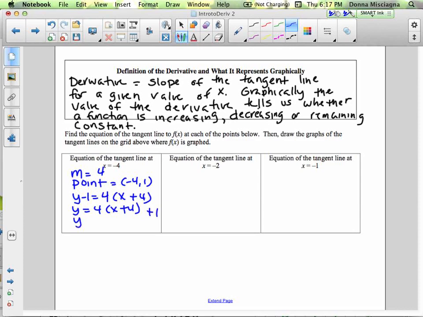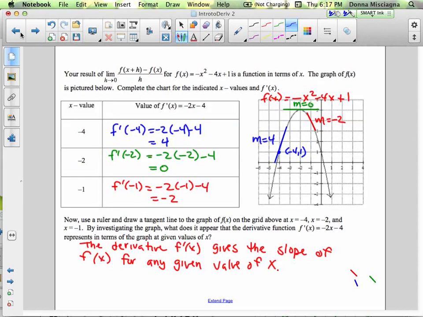So that would be y equals 4x plus 17. And if we look at the graph, the line is short. We didn't draw all the way up to where it would intersect the y-axis, but that seems quite reasonable to be the equation of that particular blue line, y equals 4x plus 17.